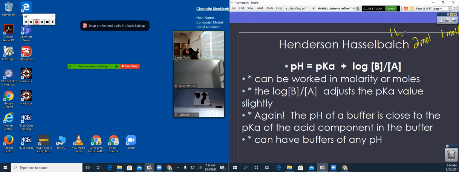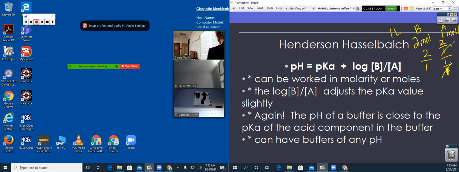If I just use moles, I'd be putting 2 over 1. But if I also used molarity, it would be 2/1 over 1/1. These would cancel out anyway. So that's why you can do it in either moles or molarity, but they both have to be the same. You can't do one in molarity and one in moles.